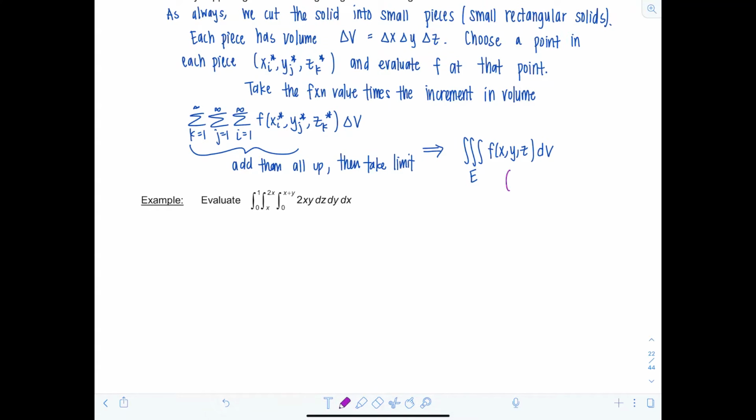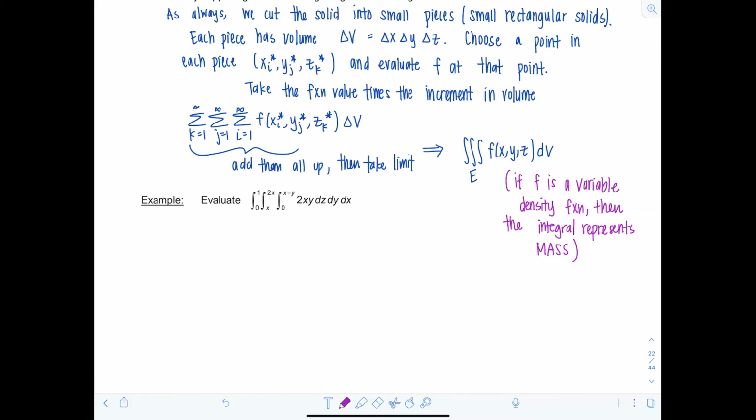Well, one application or idea is if your function is a variable density function for some object, then the integral represents its mass.